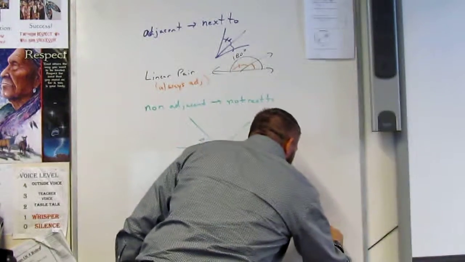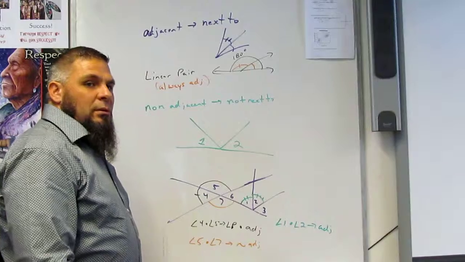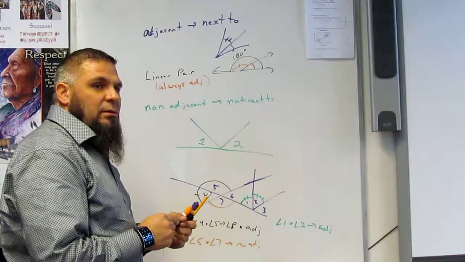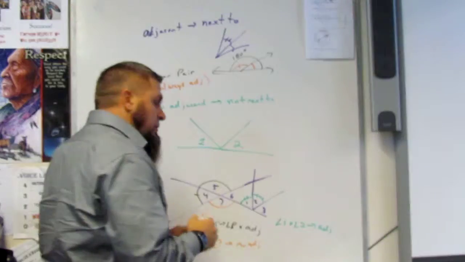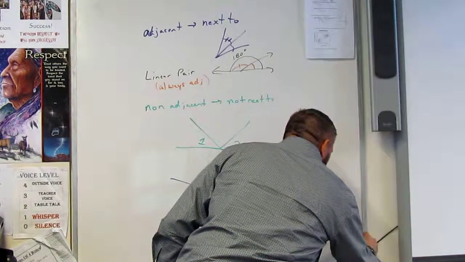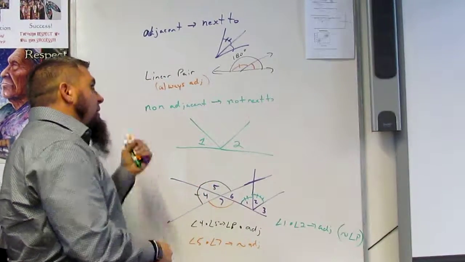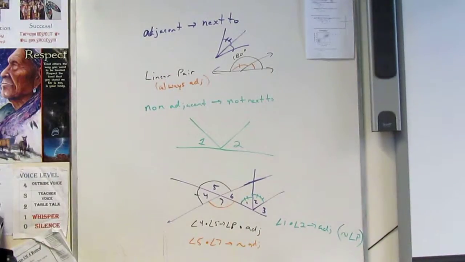So they are adjacent, but they're not a linear pair, right? Because they don't create a line. So, not a linear pair. Okay? They don't create a line. And that's basically what that question is asking you.